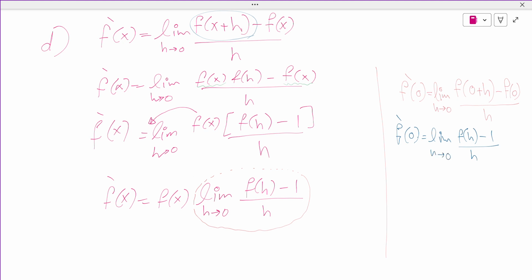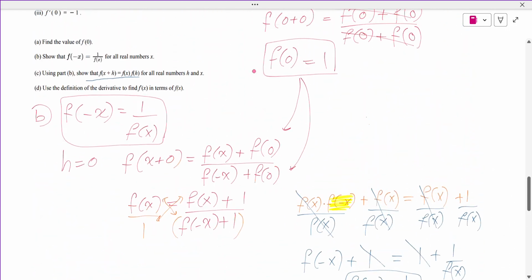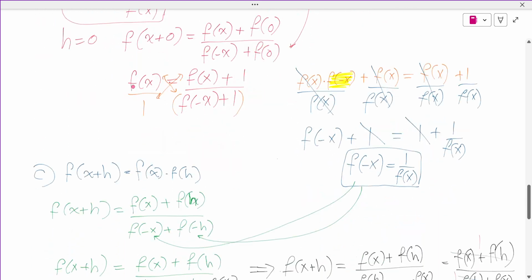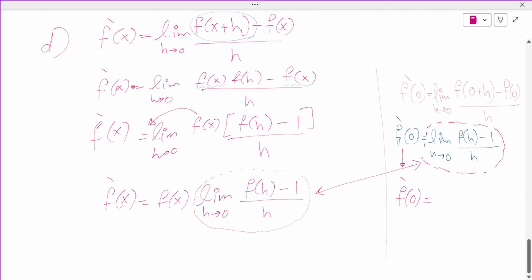And I can see it here. This business here matches this one, right? And it's equal to f prime of 0. This one here is equal to f prime of 0. And f prime of 0, I think it's given in the question. F prime of 0 is equal to minus 1. So this is equal to negative 1.